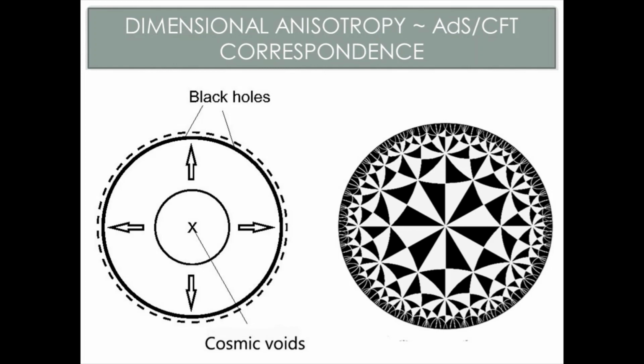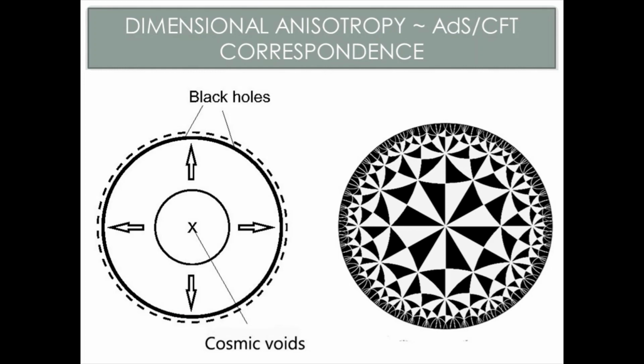It also explains dark energy because the cosmic voids would expand the universe, and they push against the immense field strength of the black holes and create the impression of dark matter.